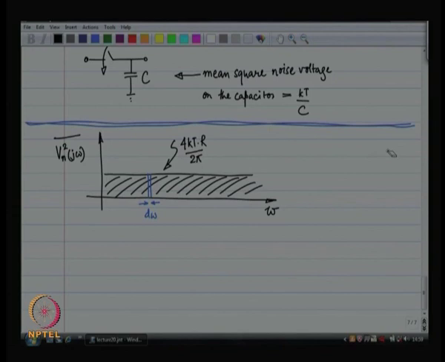All right. So, this is the story that we have got as far as a resistor is concerned.